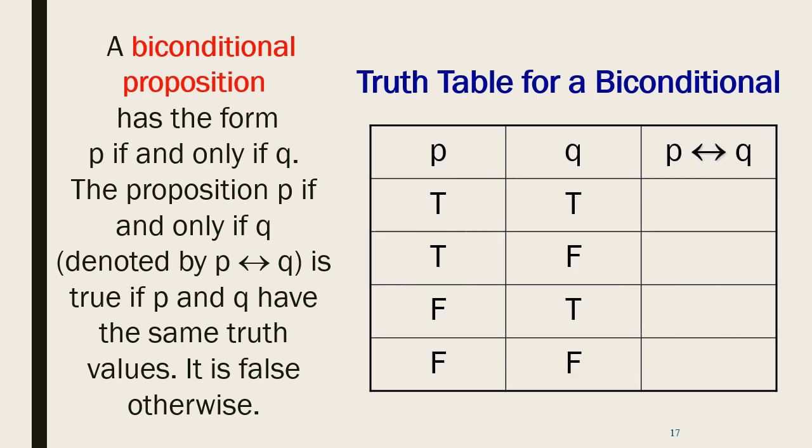If they are the same, T, T or FF, it's true. Both are true, then it's true. Both are false, then it's true. If they are different, let's say TF or FT, then the compound proposition is false. So that's how you remember it.